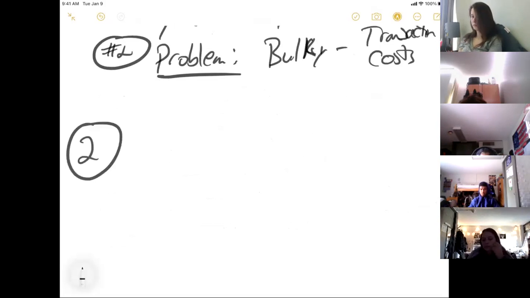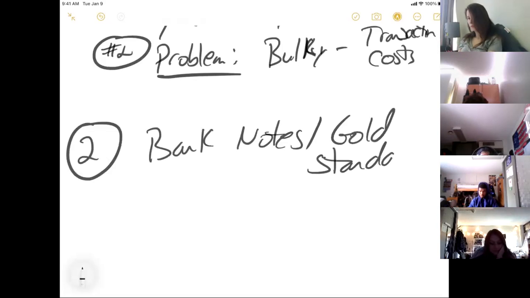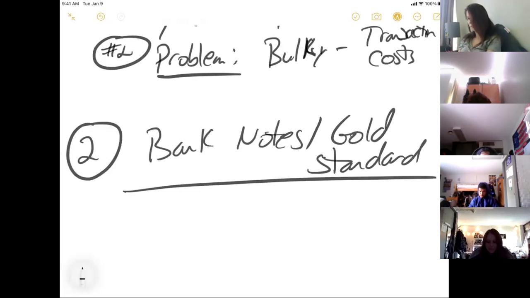Well, over time, we moved to a different form of money in response to these two problems. More developed and larger economies began to move to what we call banknotes. And eventually this became the gold standard.